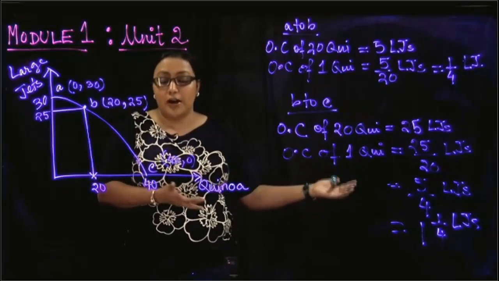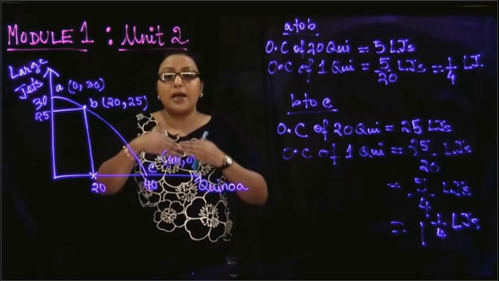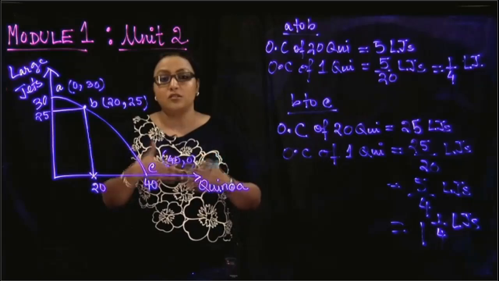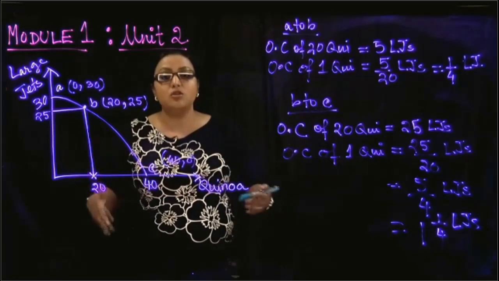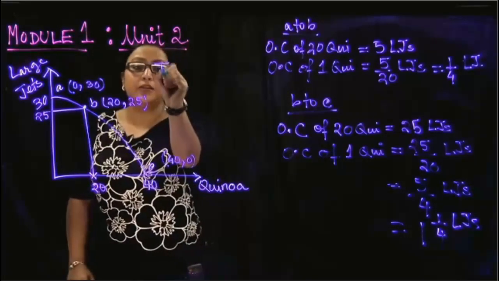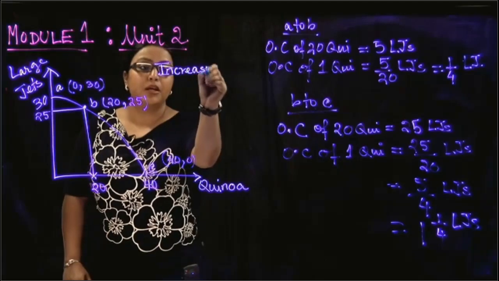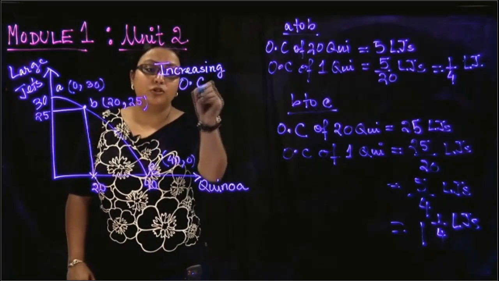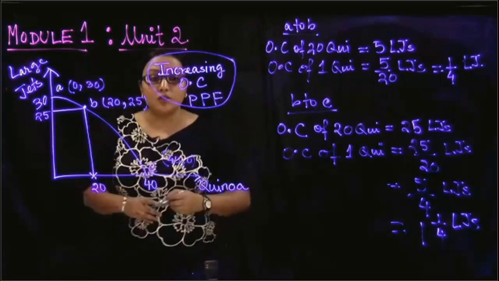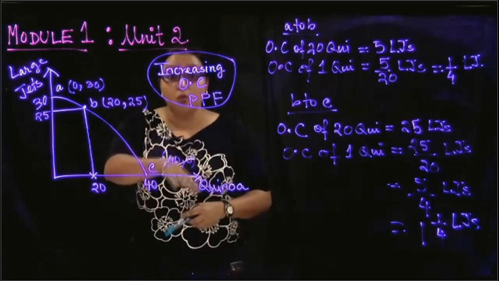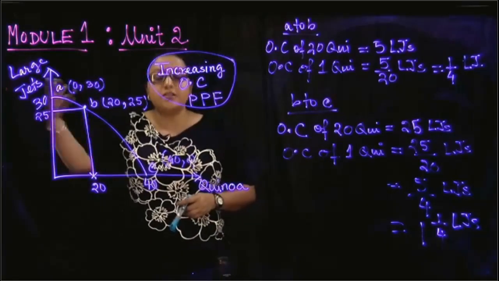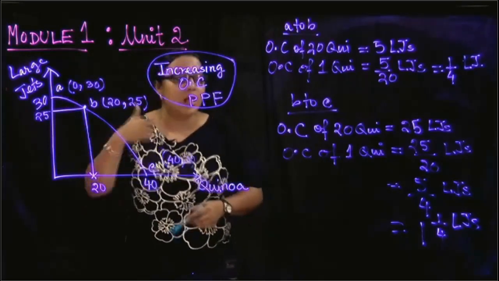Whereas a bowed out PPF, which is also called an increasing opportunity cost PPF, is representing a situation where the resources are not easily transferable from one commodity to another, and that's why we have an increasing sacrifice, or an increasing opportunity cost, as you come down the PPF.